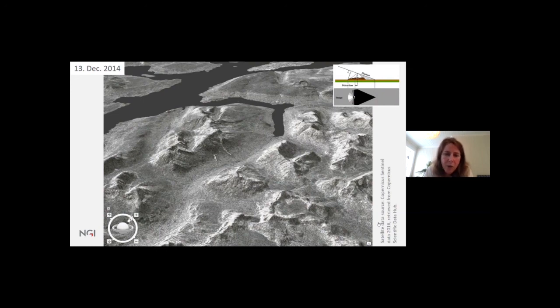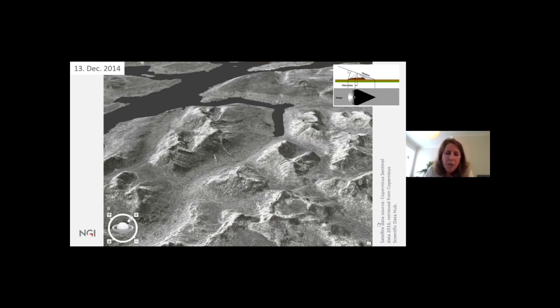Depending on the surface characteristics, like the roughness or other type of characteristics, the signal will be bounced back directly and smoothly or indirectly. And this will give you a difference in what we call the backscatter. Here, the black areas are actually water in the fjords on the sea, and all the grayish and whitish areas are then the land surfaces and the terrain.